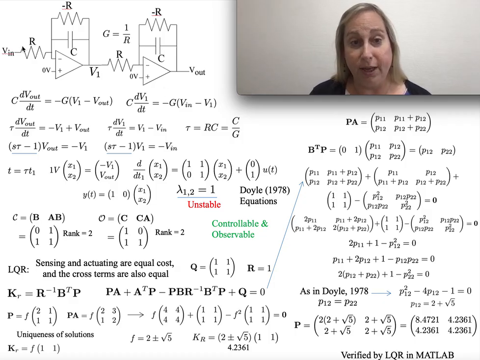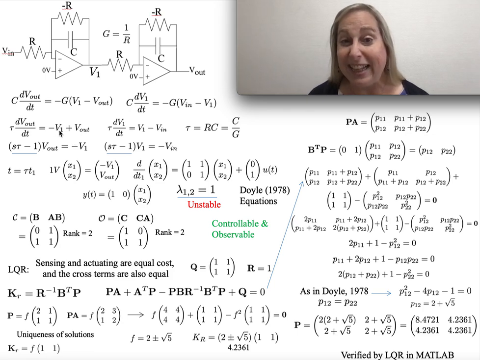I get the same sort of thing, V input to V1, and that gives me the minus sign here in front. I expect it to be a minus sign because if you think about it, these are inverting configurations. So nothing terribly surprising here. But the interesting part is that when I look at the canonical form, I'm going to have tau times that derivative equals minus V1, exactly what I would expect, plus V out.